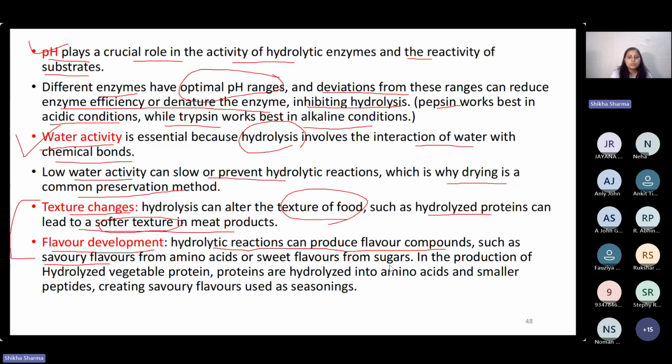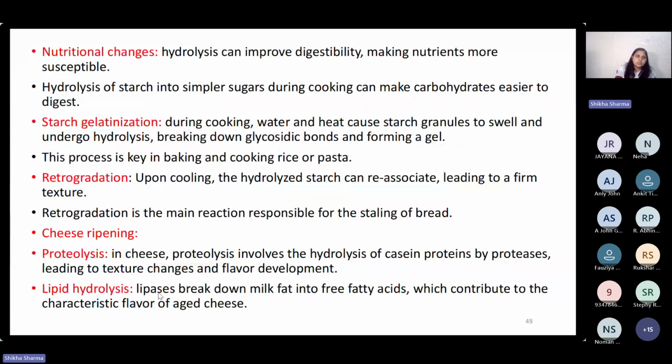It may produce a softer texture in the meat. Also, it can produce flavors such as savory flavor from the amino acids or sweet flavors from the sugars. In the production of hydrolyzed vegetable proteins, proteins are hydrolyzed into amino acids and smaller peptides, and it can produce savory flavors which can be used in seasonings.